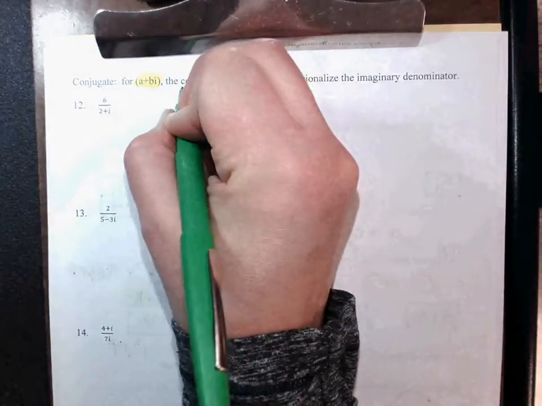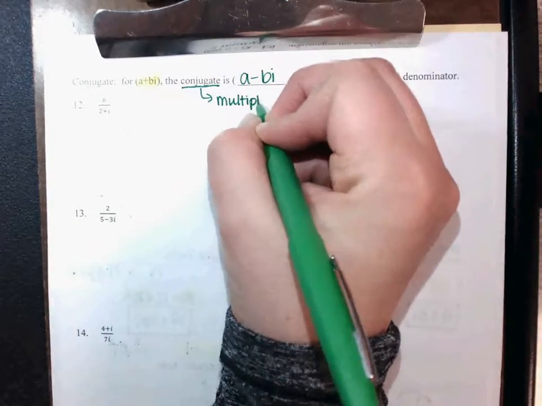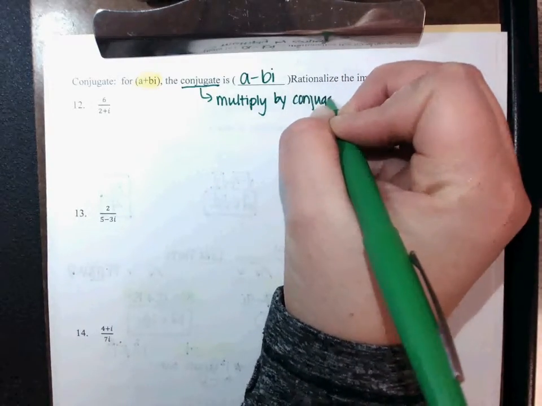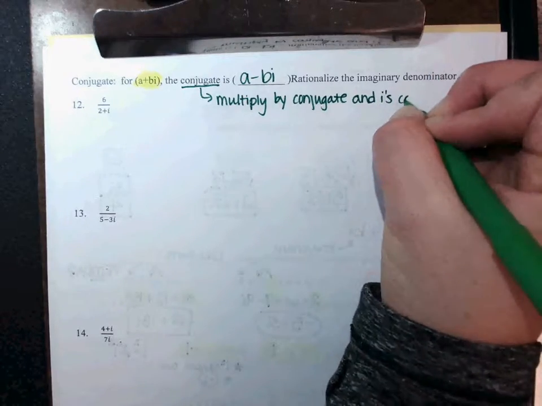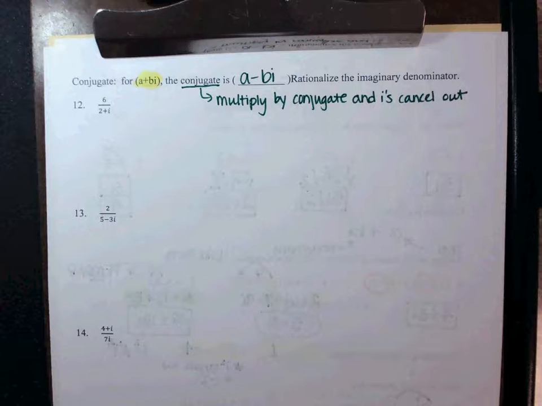And the reason that you use conjugates is that, let's put a little star here. Multiply by the conjugate, and the i's cancel out. When you multiply a complex number by its conjugate, the i's end up crossing out.